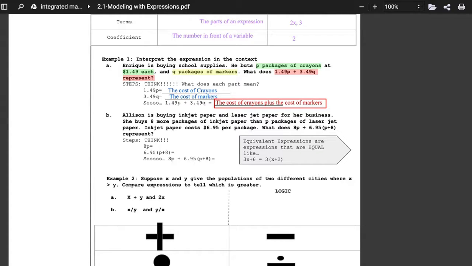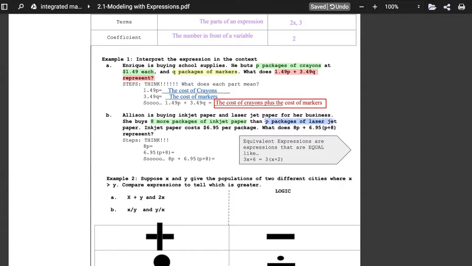So same strategy. We're going to highlight the important information and then try to interpret what each part means. So she buys LaserJet paper for her business and inkjet paper. We know she buys 8 more packages of inkjet paper than P packages of LaserJet.